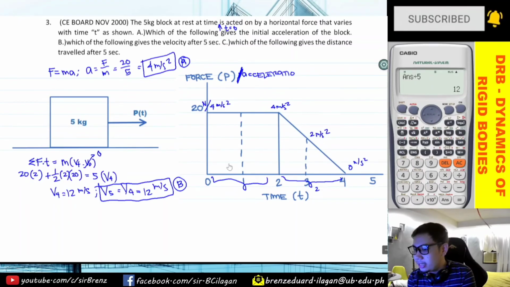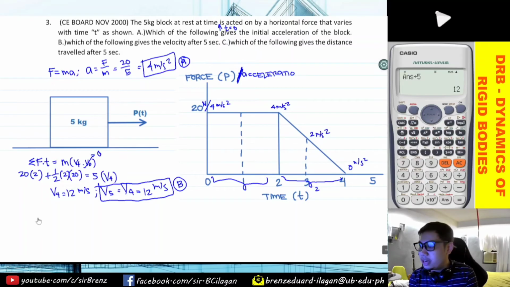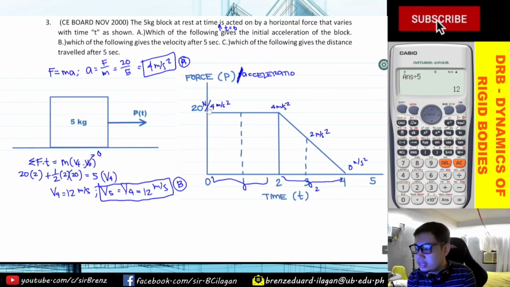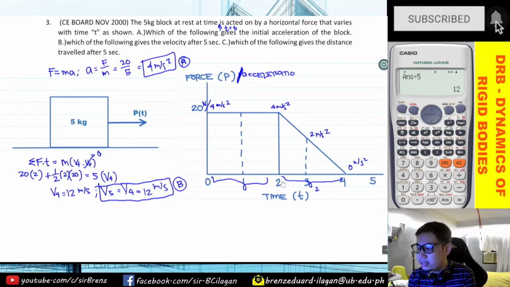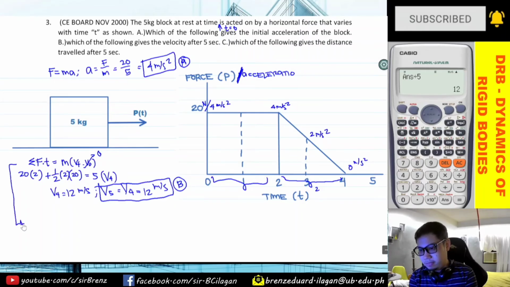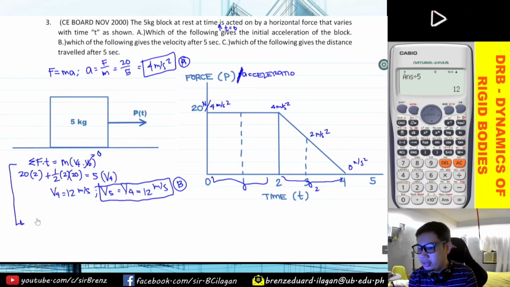So, unahin natin or hanapin natin yung value ng velocity niya during the first 2 seconds. So, paano mo ba makukuha yun? Again, since constant lang naman yung force na yan, kung ano yung velocity niya dito, sa 1, sa 2 second, equals naman sila. So, again, by using the impulse momentum equation, so the equation will be 20 times 2.